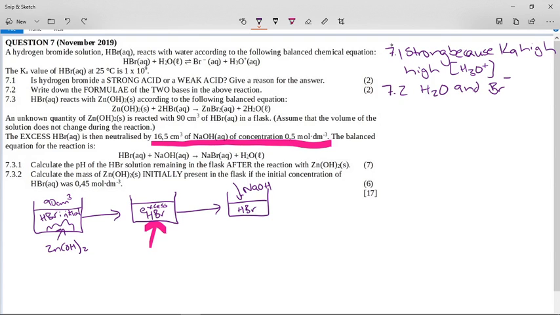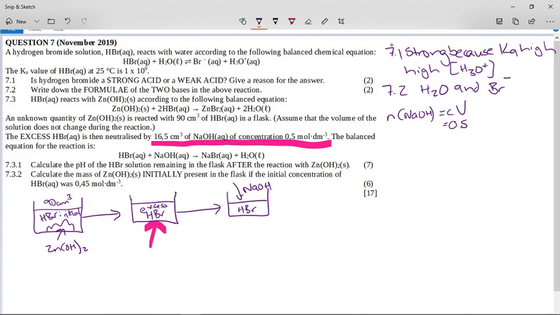Remember, anything we know or are given, we need to turn into moles. The only thing we can calculate the moles of at this point is the sodium hydroxide. If we want the number of moles of sodium hydroxide, we're going to use concentration, because we've been given concentration. So the number of moles of sodium hydroxide will be equal to the concentration times the volume.